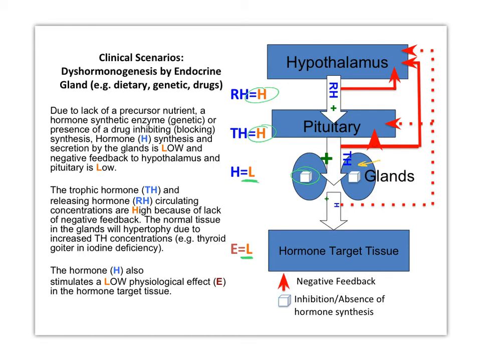Trophism means growth, and so you'll see growth of this tissue, and therefore an enlargement of the gland itself. An example of this would be iodine deficiency, lack of thyroid hormone production, elevation of TSH, and goiter, or enlargement of the gland. And this is what we call dyshormonogenesis.